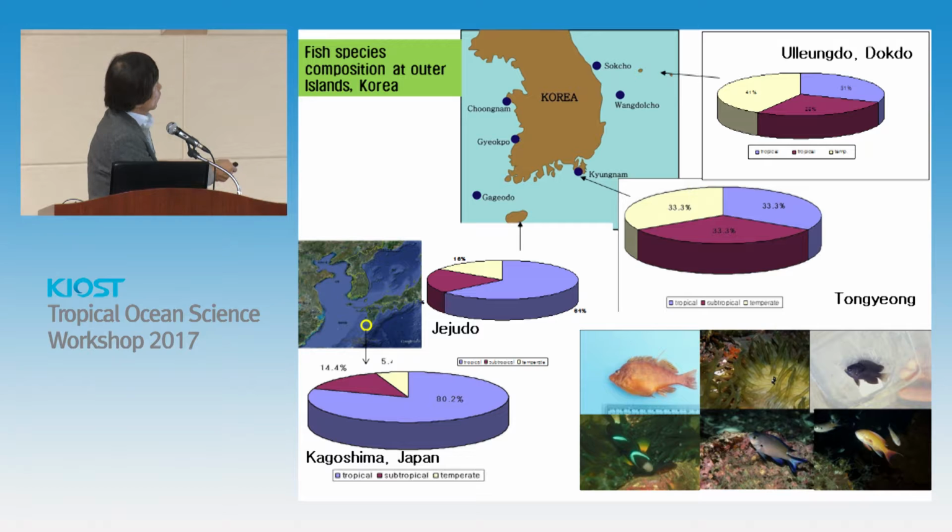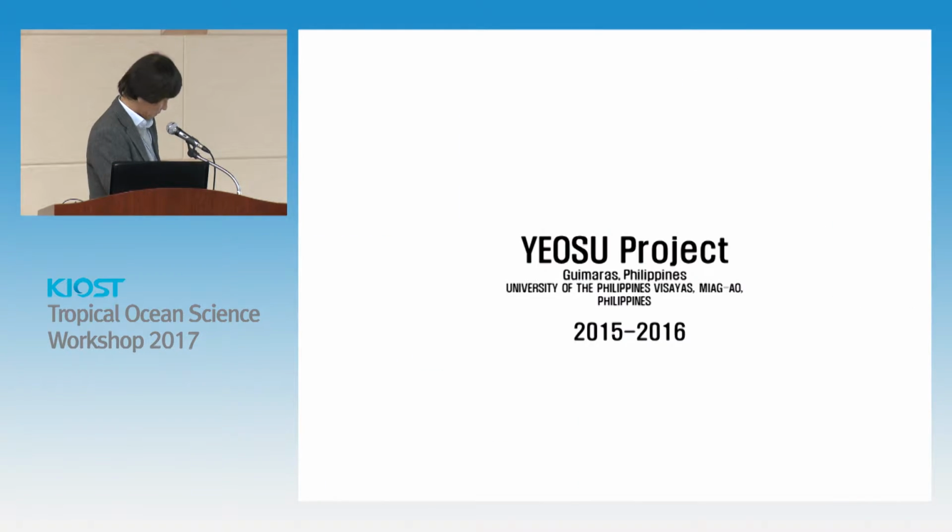In Ulleungdo and Dokdo, in the middle of the East Sea, 31% are tropical species. But in Jeju, over 90% are subtropical or tropical species.